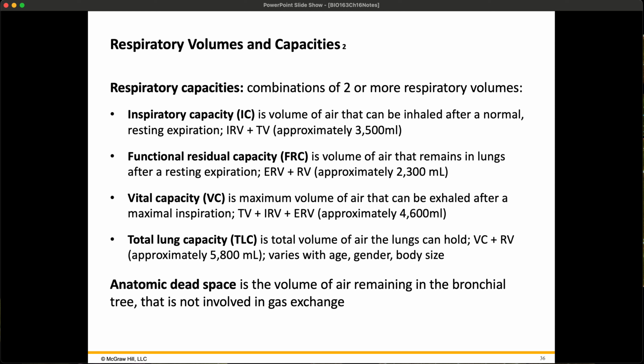But it's not like every inhale and exhale is completely filling your lungs and completely emptying your lungs. As you can see with these capacities and volumes, there's always some amount of air being left over. A lot of times there's also air in the bronchial trees that is not really involved in gas exchange at that point. It's just sitting there in those passageways because there's only so many places for air to go in your lungs.